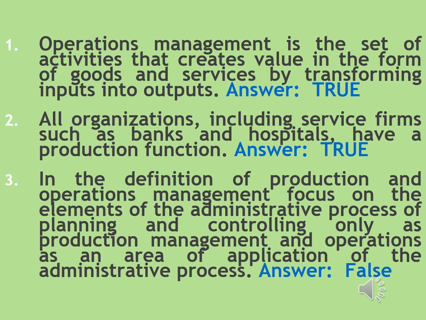Let's talk here about the correlation between the production function and other processes and functions in the organization, such as marketing, finance, human resources, procurement, and storage, and others. The definition focuses on the elements of the administrative process, which are planning, organizing, direction, and controlling.